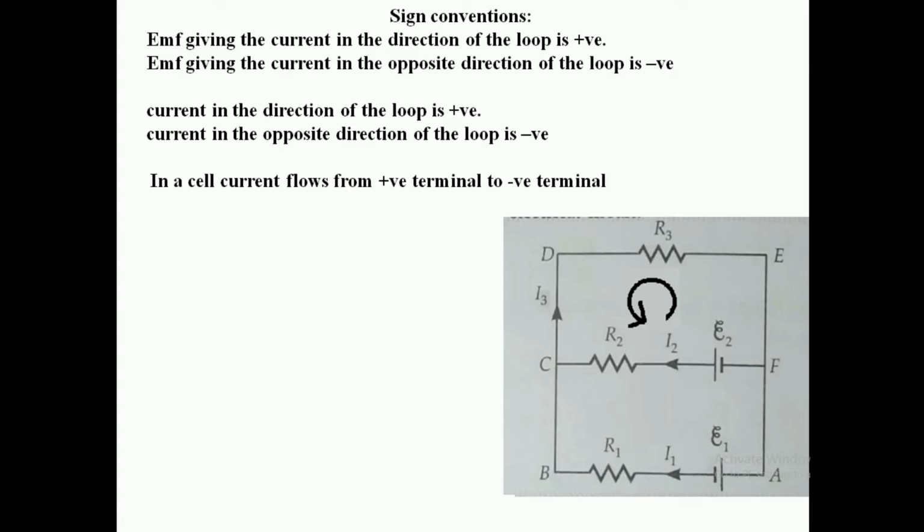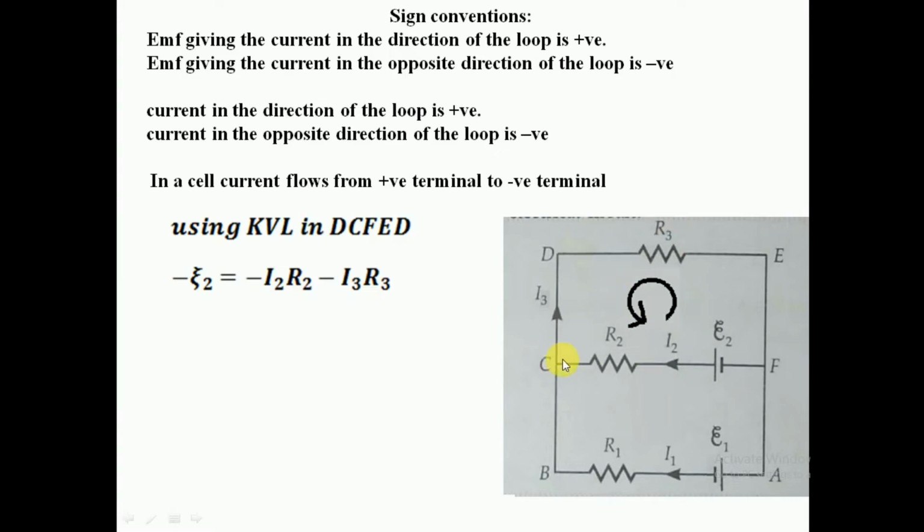Let us use KVL in this network. So as you can see, I have taken the loop that is DCFED. So my loop is going anti-clockwise. Now in this loop I have to add all the EMF and all the product of current and resistance.